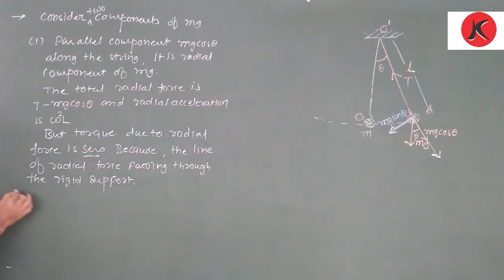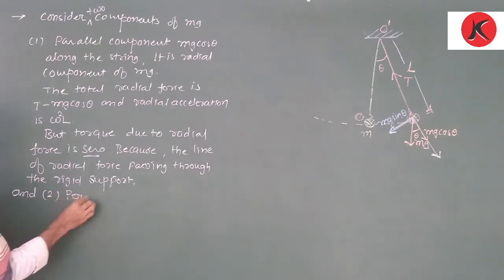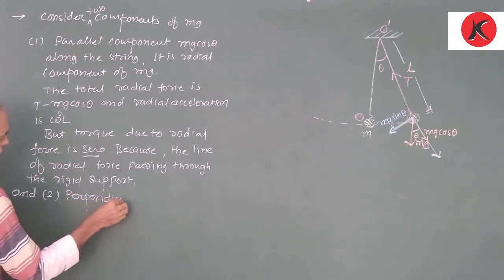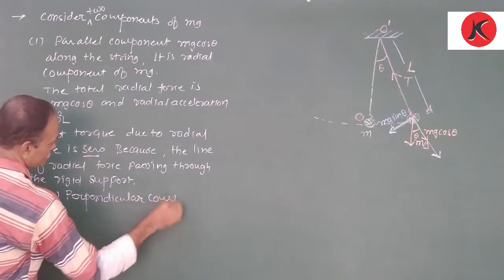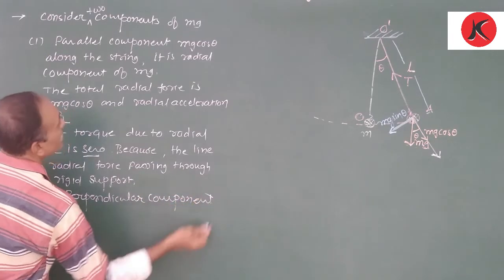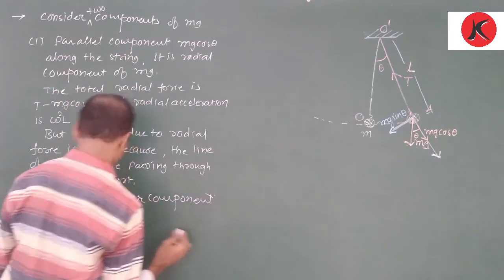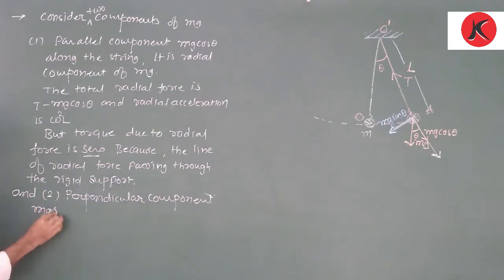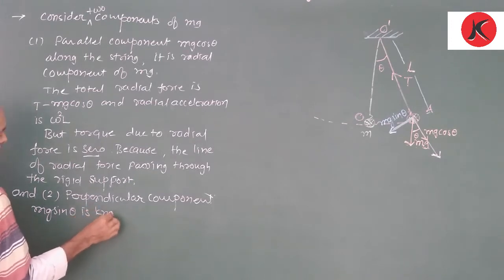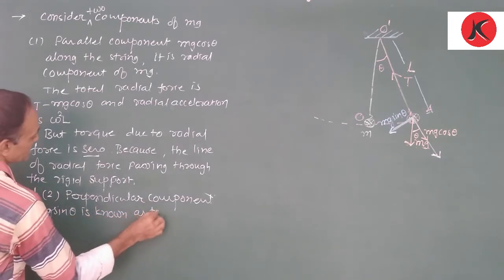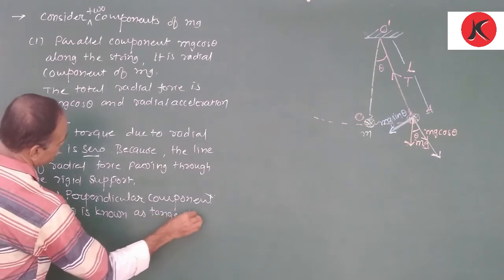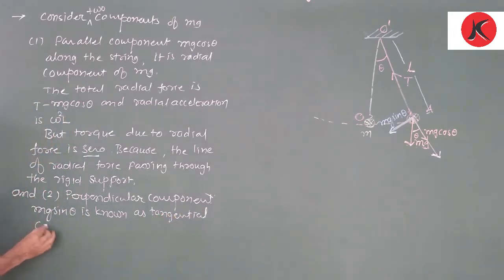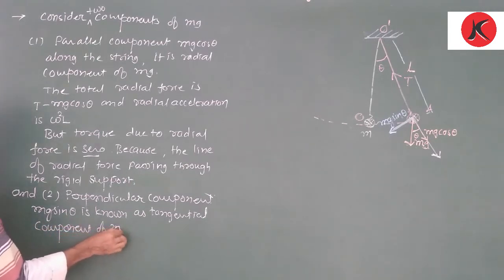And the second component is the perpendicular component mg sin theta, known as the tangential component of mg.